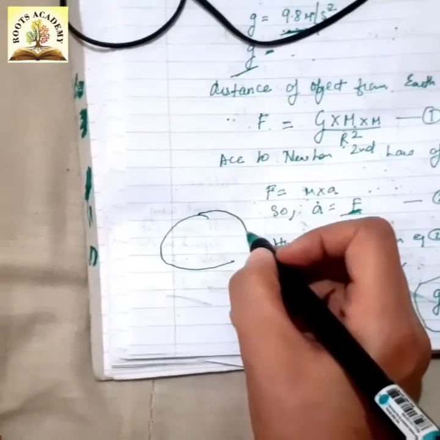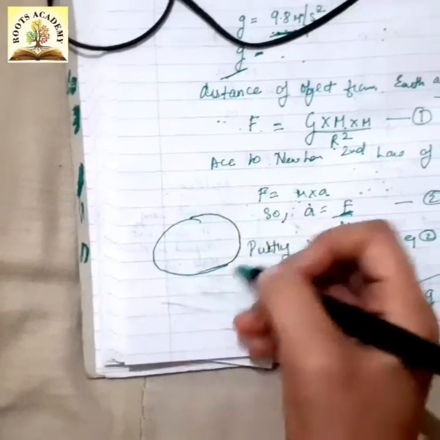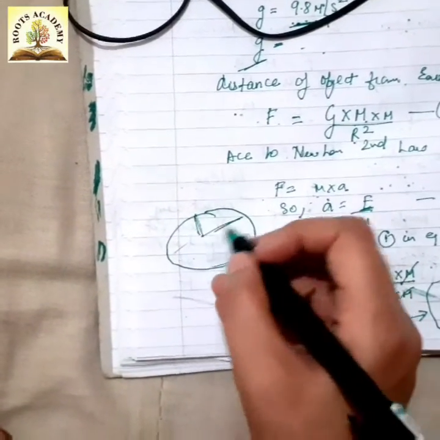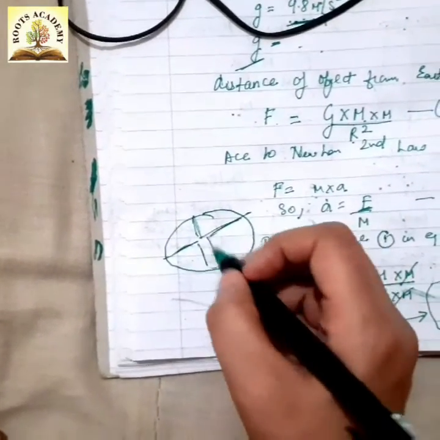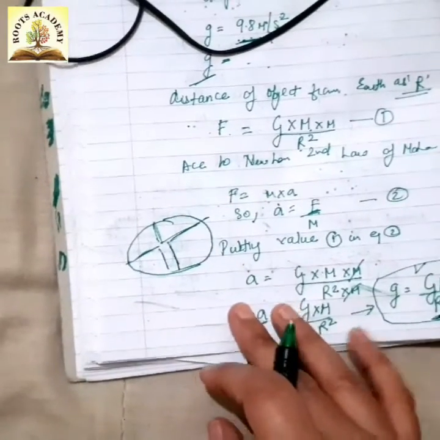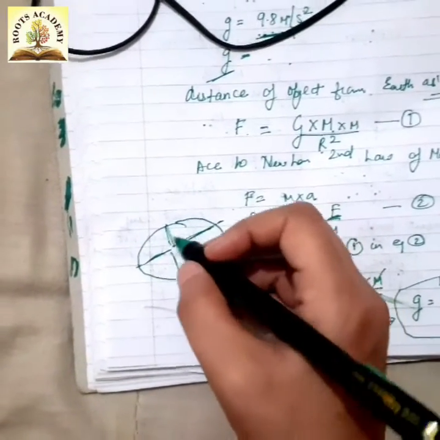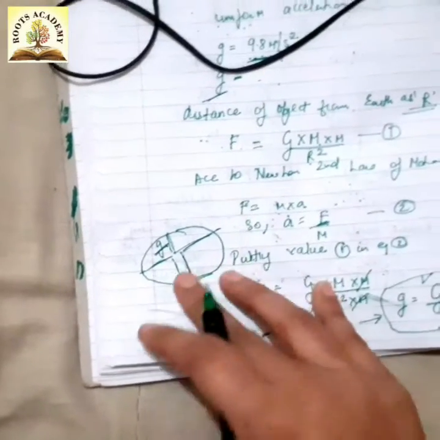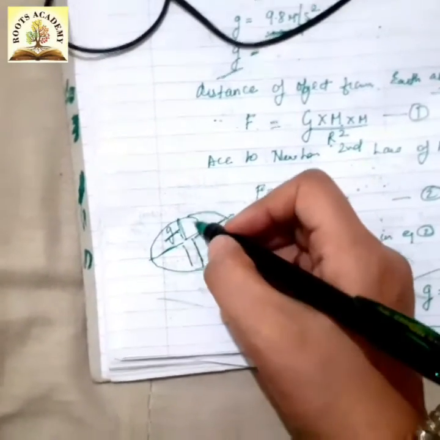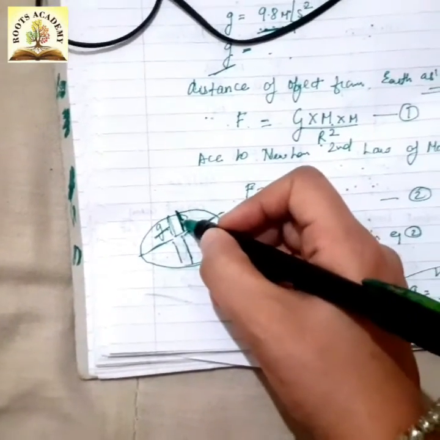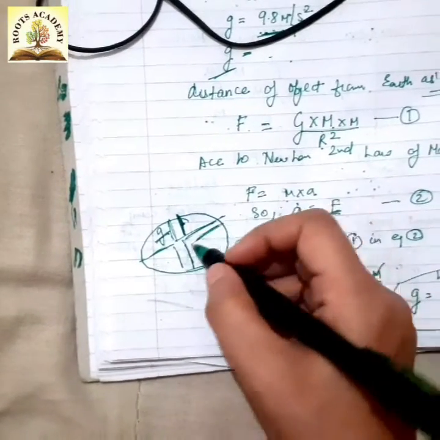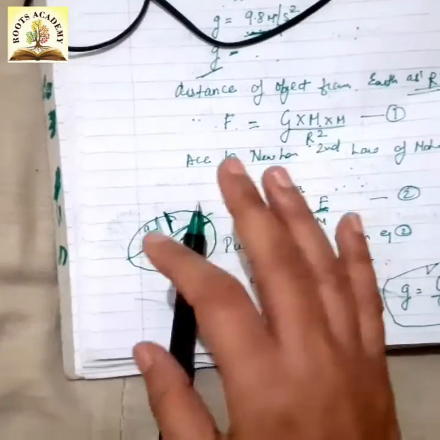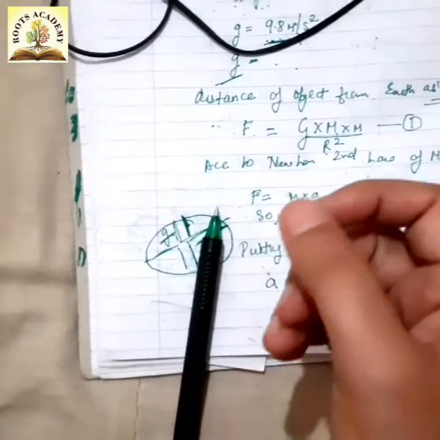It is an elliptical sphere, and the radius is not the same everywhere. That is why the small g value always changes slightly. At a pole the radius is shorter, whereas at the equator the radius is quite large, so the g value differs.